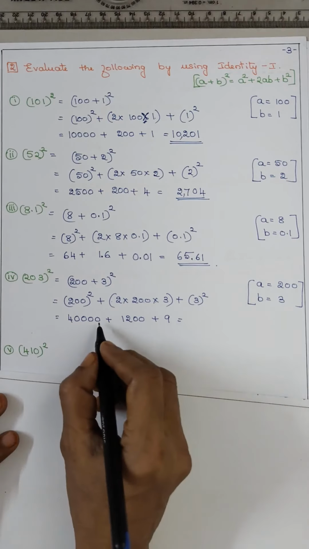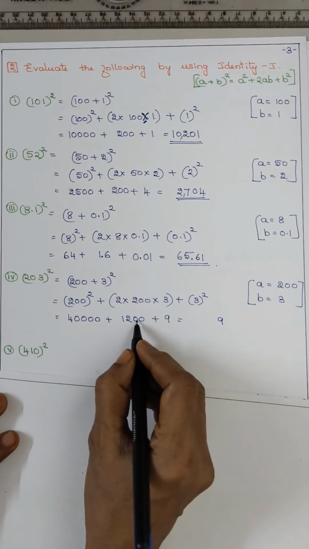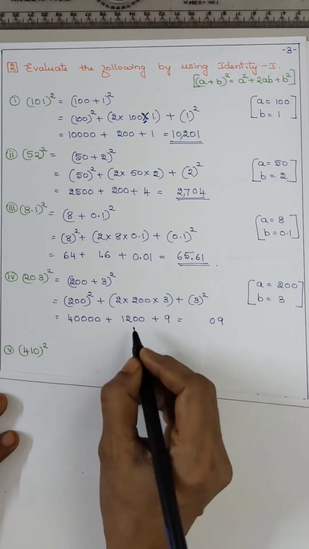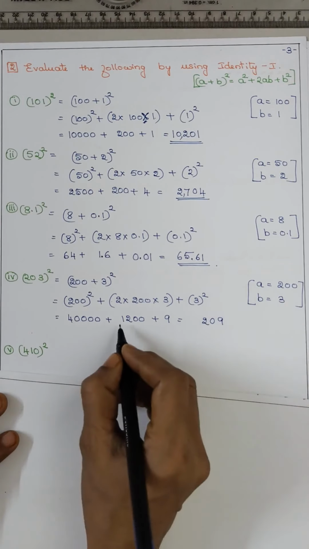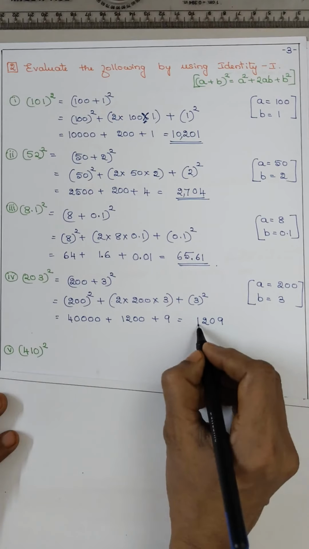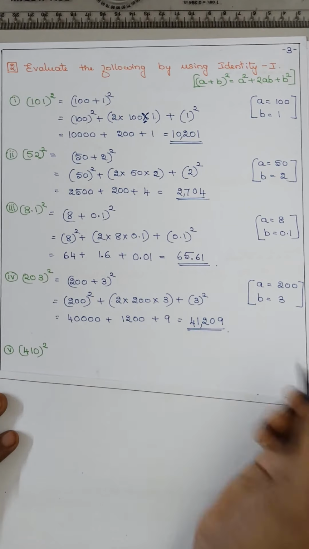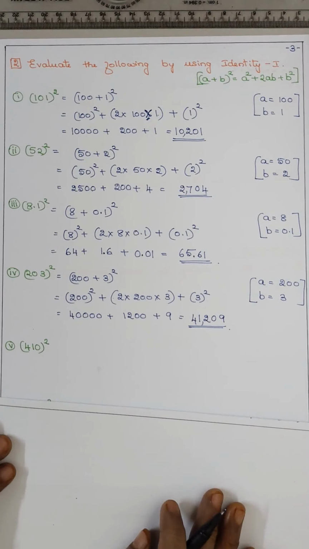Now ones place 9, tens place 0, hundreds place it will be 2, thousands place it will be 1 and 10,000 place 4. So answer will be 41,209.